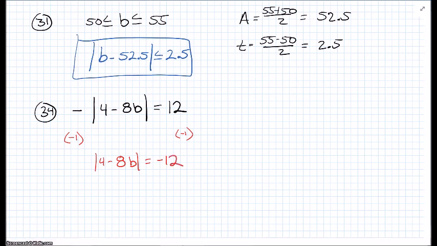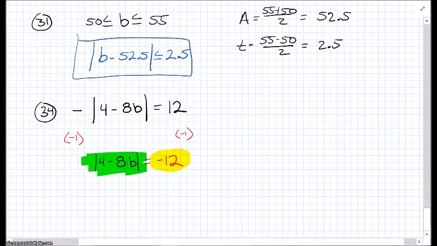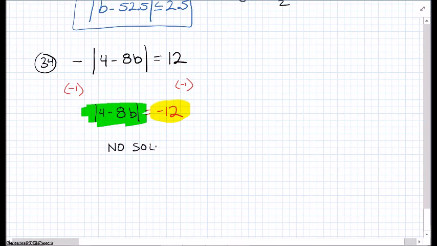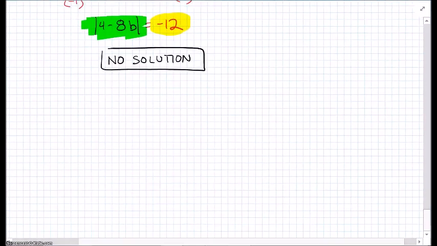What did I tell you just a minute ago about a negative solution to an absolute value question? It cannot happen. So there's no solution that an absolute value number is going to be negative. So there is no solution. Sometimes it really helps to just inspect the problem before we try to solve it. Okay, going on to number 40.